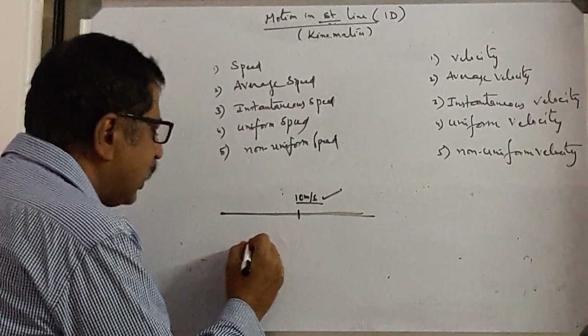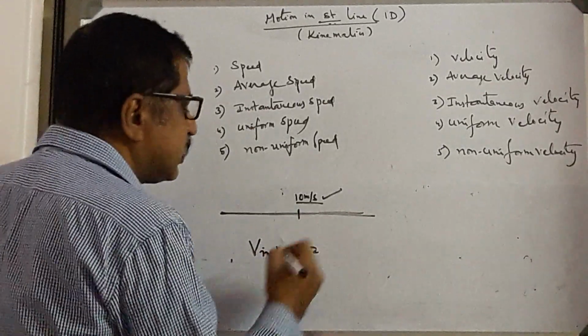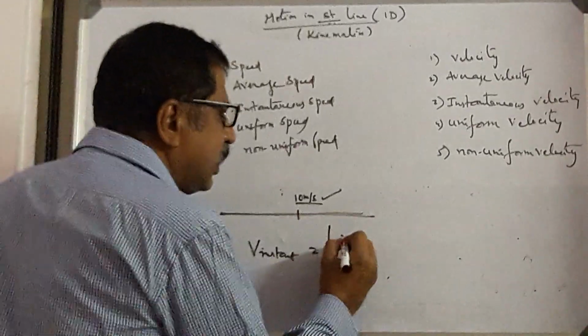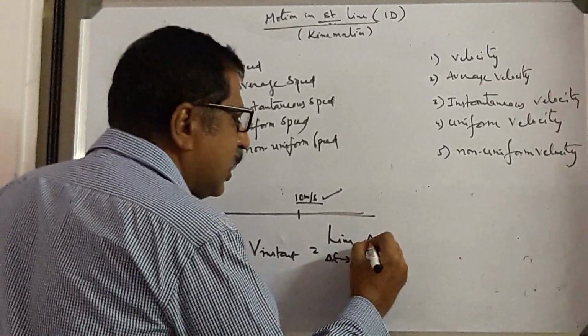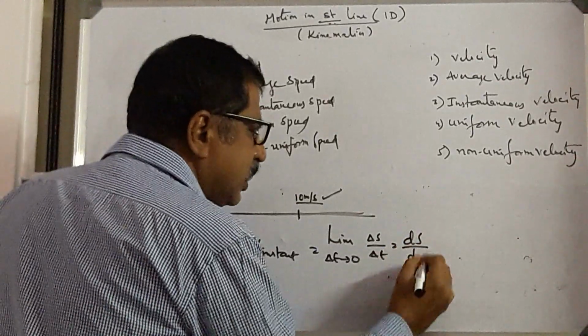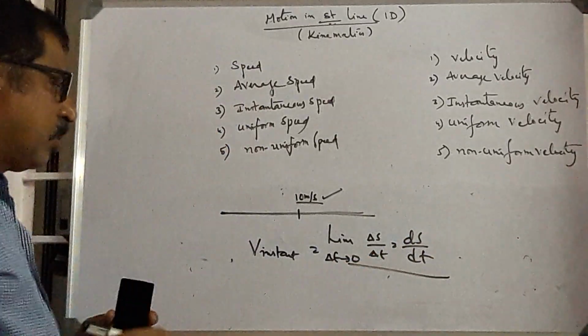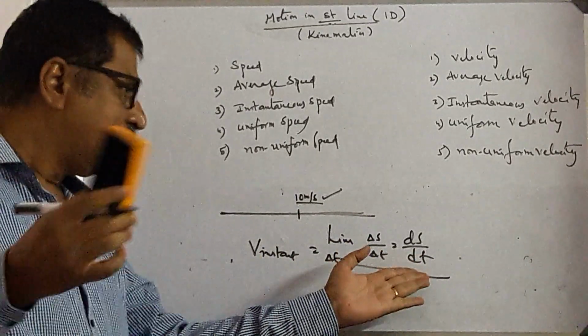Mathematically it is represented as instantaneous speed is equal to the limit as delta t tends to 0 of delta s by delta t, which is equal to ds by dt. It is represented like this. We will do problems using this formula later.